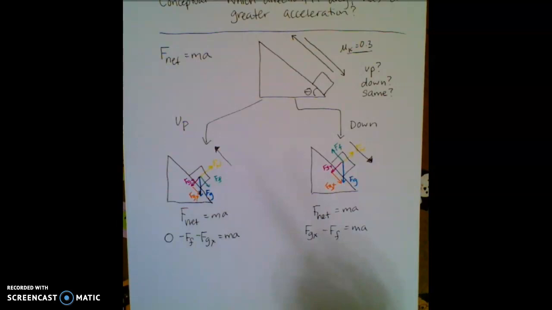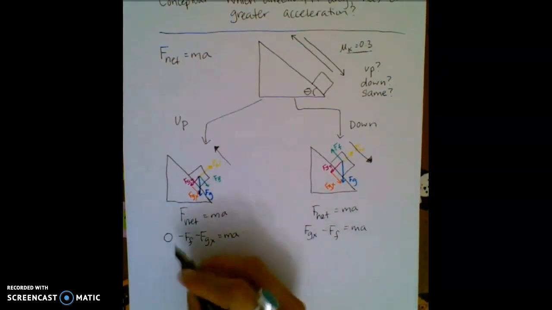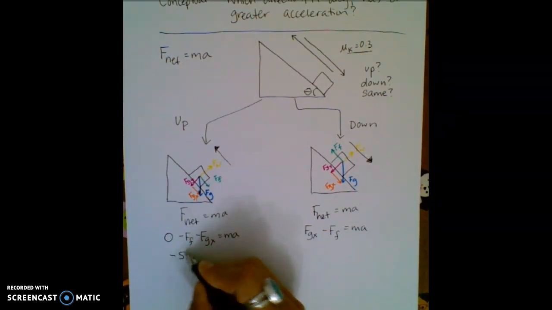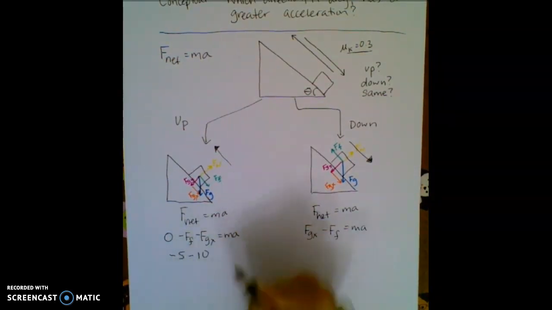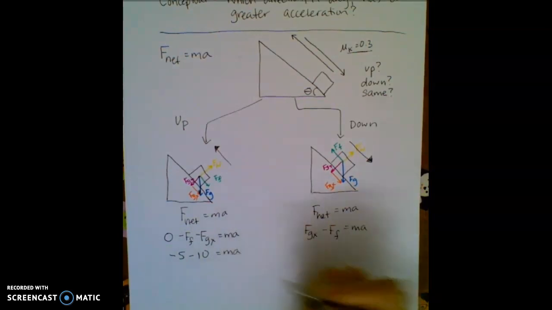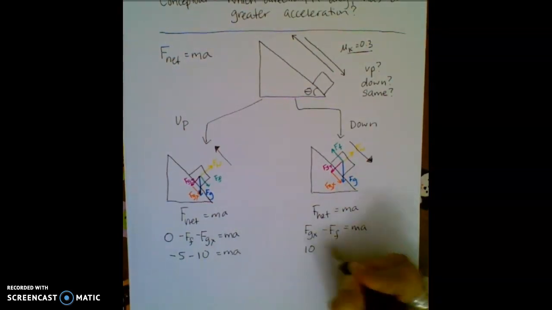Now, if you don't believe me, which is totally cool, maybe you need to see it or try it. I'm kind of like that kind of person. I can just plug in some numbers. If I say that FGX is 10 and friction is 5, this would be minus 5 minus 10 equals ma, and this would be 10 minus 5 equals ma.